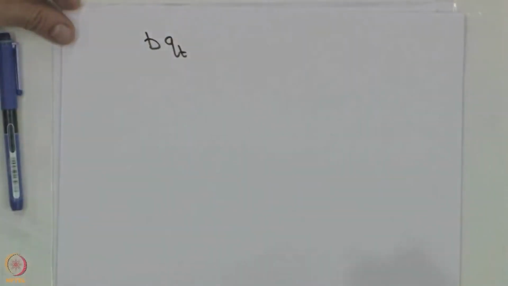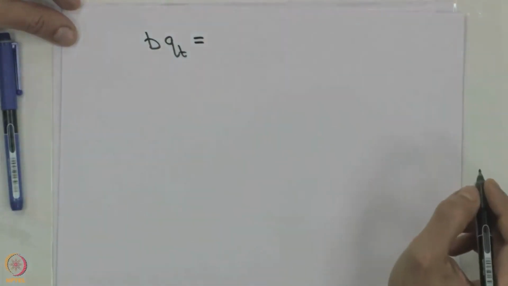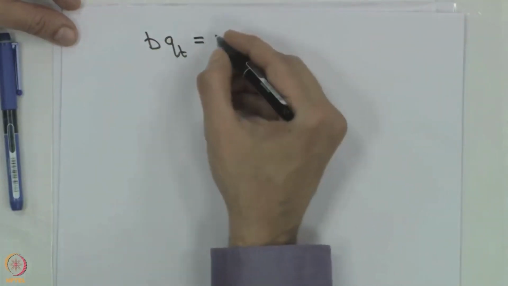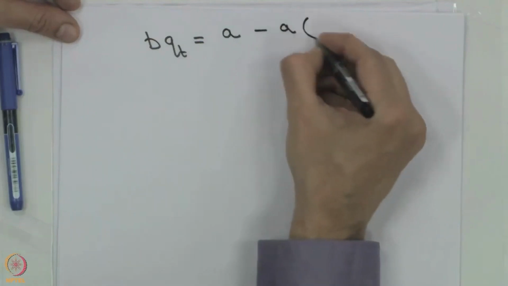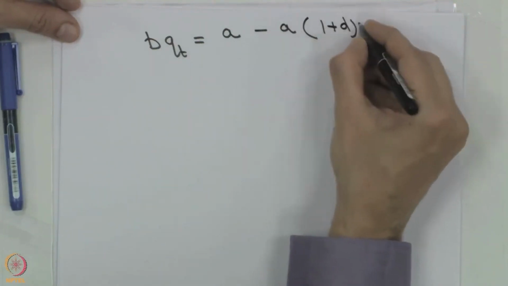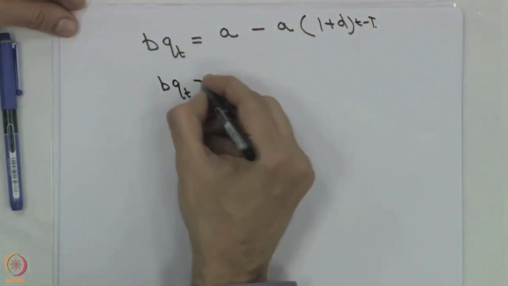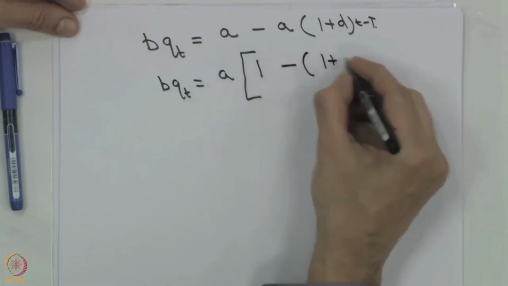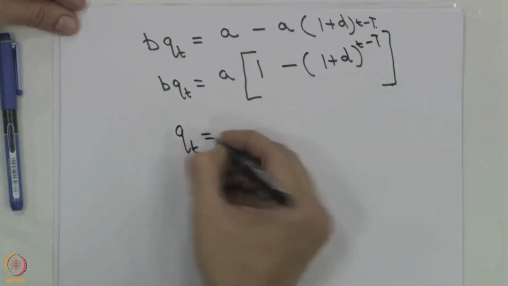We get that B Qt is equal to A minus A into 1 plus D raised to t minus T. That means B Qt is equal to A into 1 minus 1 plus D raised to t minus T. That means we have now got an expression for Qt.